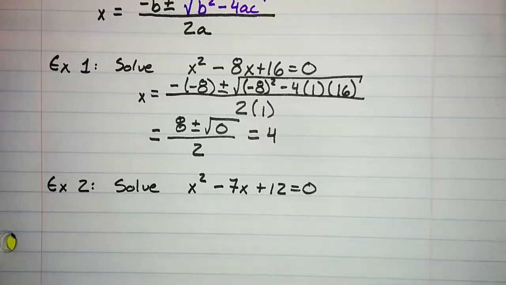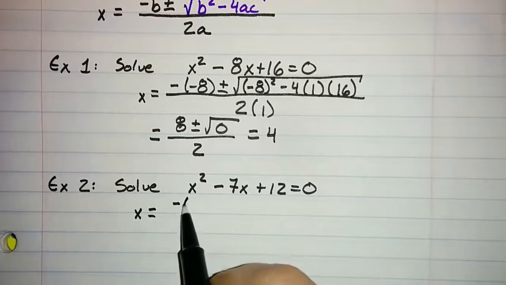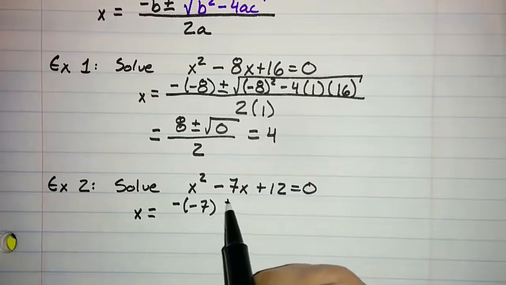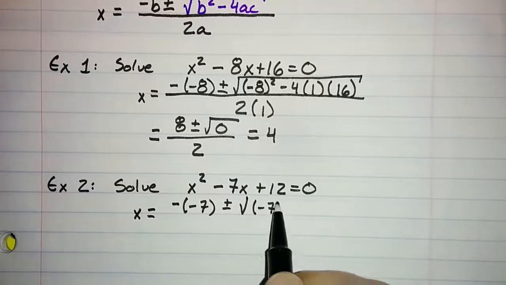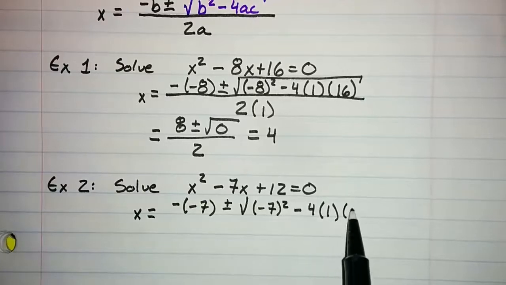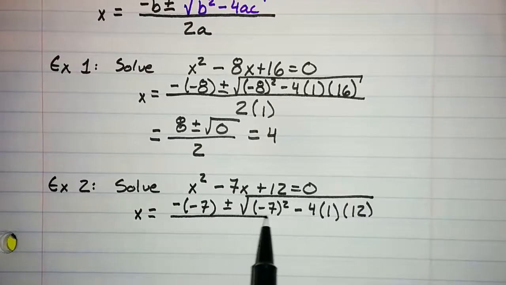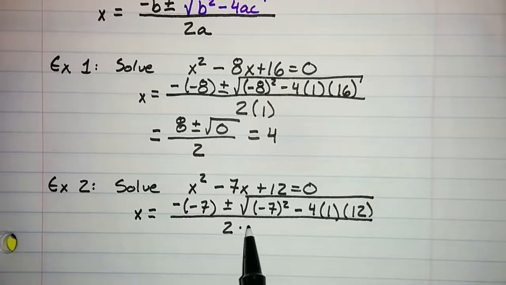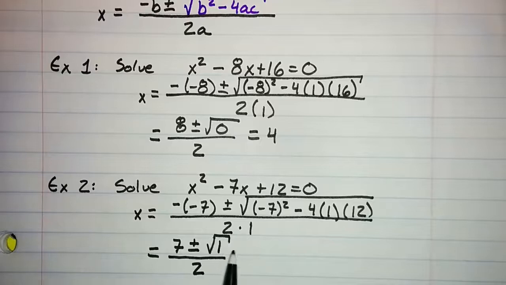Maybe I'm solving this quadratic equation. I'll get x equals negative 7 plus or minus square root negative 7 squared minus 4 times 1 times 12 all over 2 times 1. When I do this arithmetic, I get 1 inside the square root.